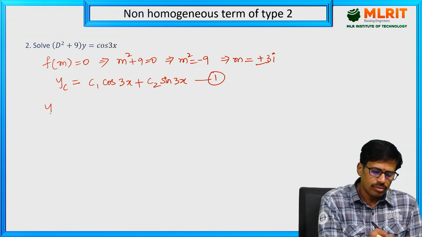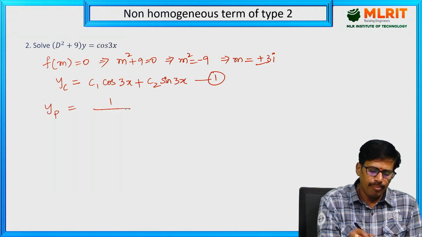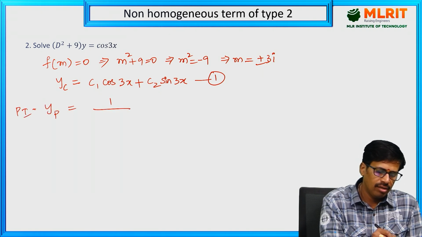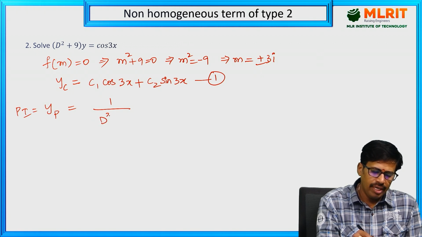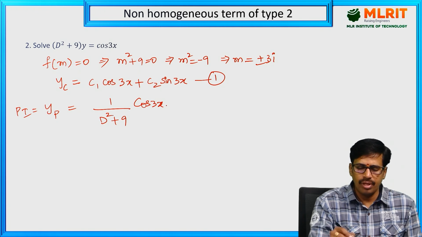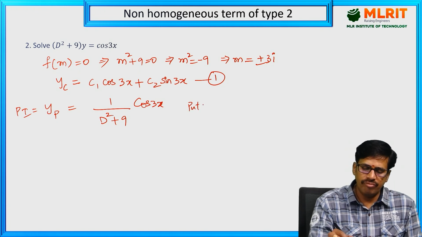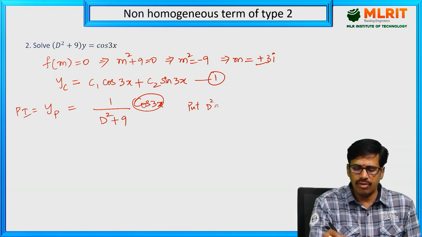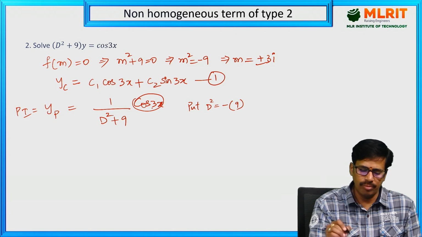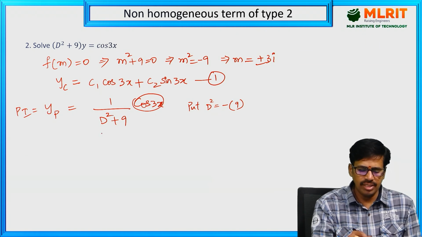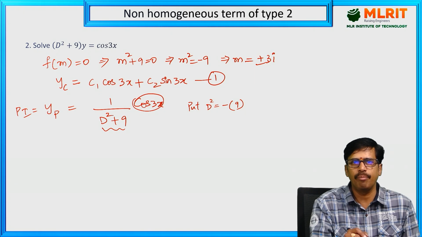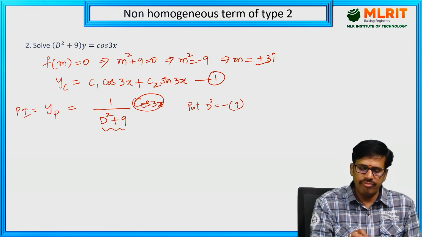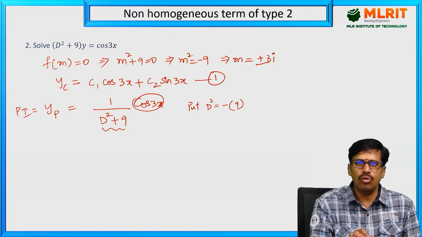Now to write down the particular integral yp, consider 1 by d square plus 9 cos 3x. What is the procedure? If the function is sin bx or cos bx, put d square equal to minus b square, that is minus of 3 square. If you substitute d square equal to minus 9, minus 9 plus 9 becomes 0. If the denominator is getting 0, it is the failure case.